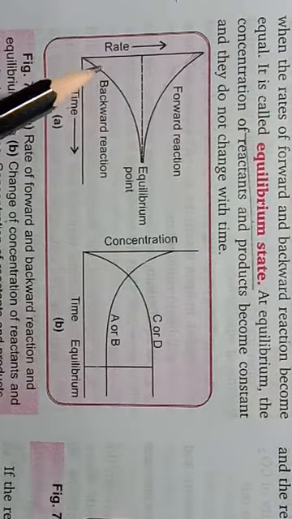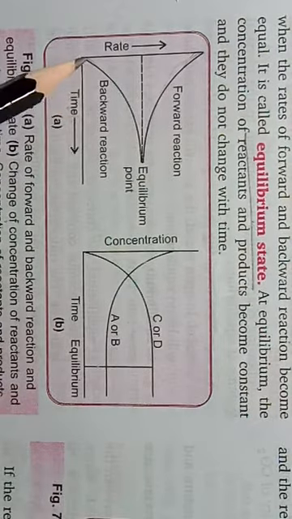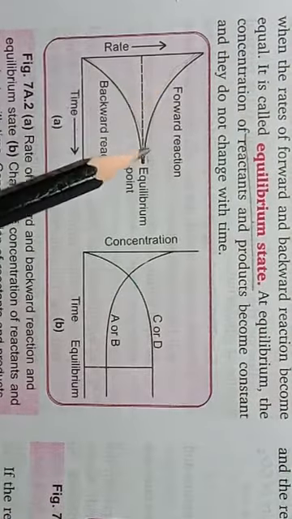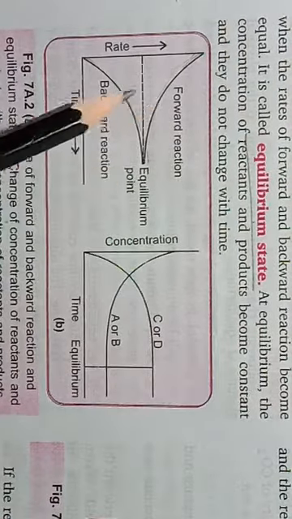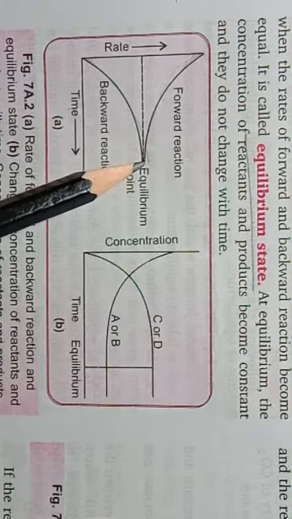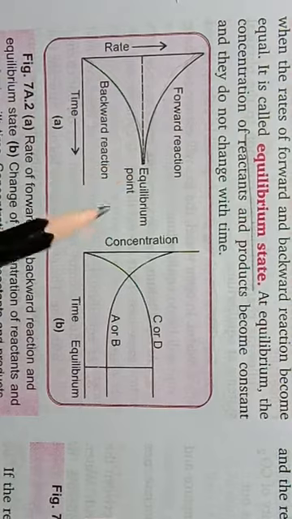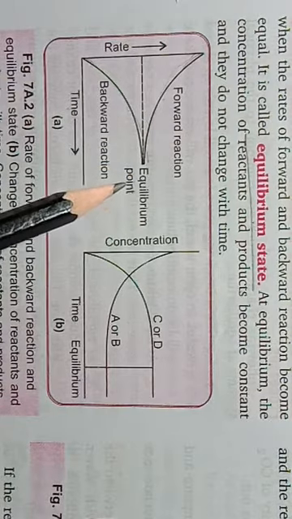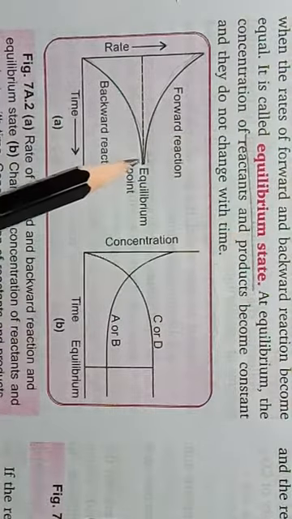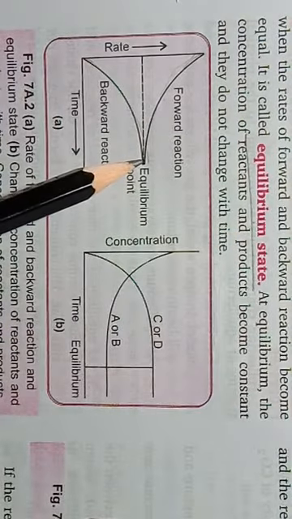For the backward reaction, the rate increases with time. At a certain time, these two rates become equal, and that point of the reaction is known as the equilibrium point, where the equilibrium state comes into existence.